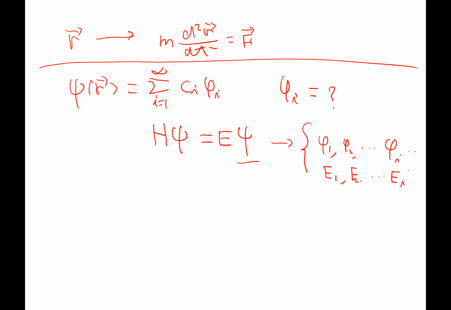Okay, so if you can find this kind of solution, then these phi_1, phi_2, and phi_i will be the basis of your coordinate system in quantum mechanics, right? We call them wave functions. And then E_1, E_2, E_i will be the energy of the electron at that state, okay? And any other state will be a combination of these.